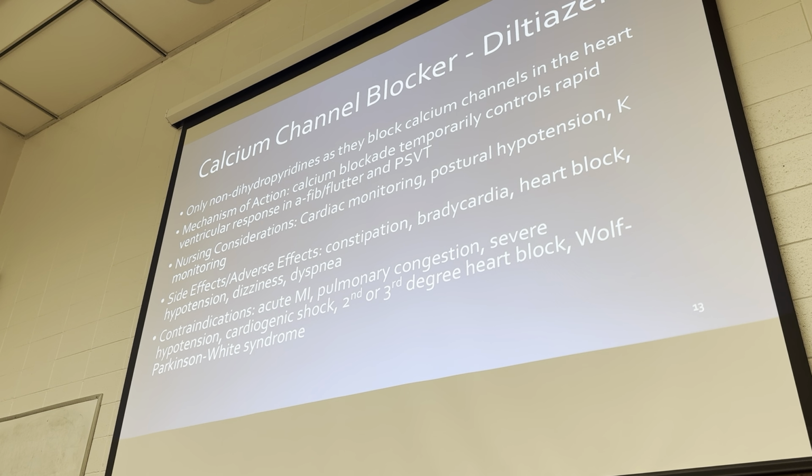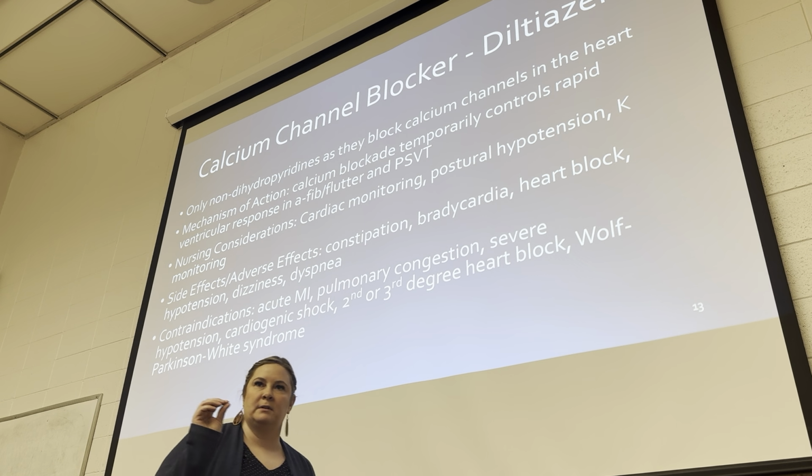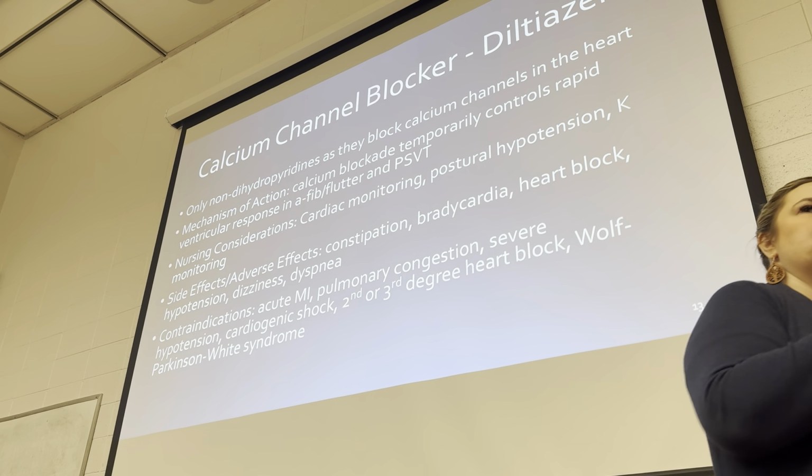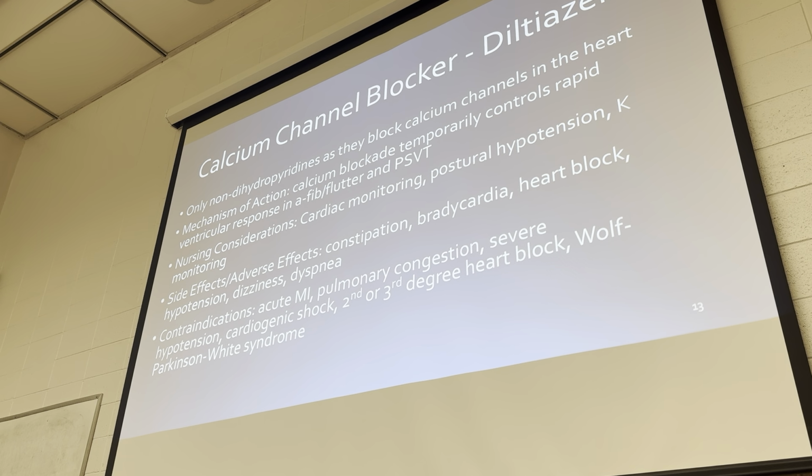Our calcium channel blocker, the one that you'll see frequently used, is diltiazem. For the calcium channel blockers that we're talking about today with the diltiazem, this is a little different than the calcium channel blockers that we were talking about yesterday with hypertension and heart failure. The ones that we were talking about yesterday were the dihydropyridines, okay?